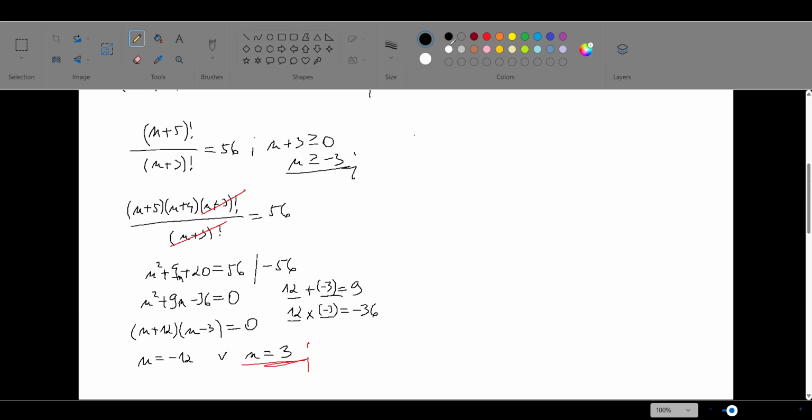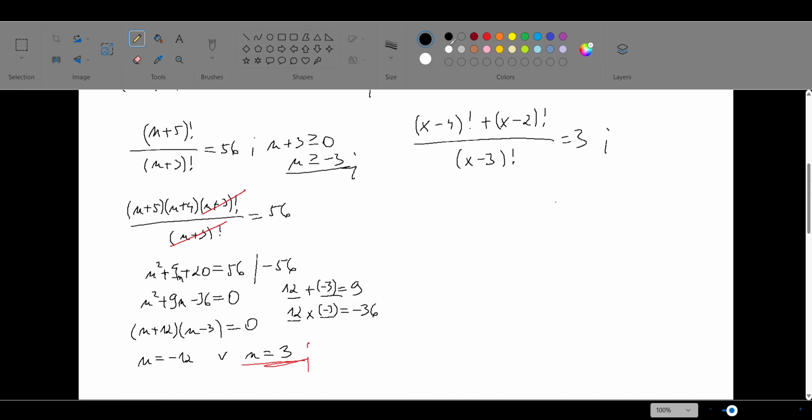So the next equation can be like this: (x take away 4) factorial plus (x minus 2) factorial over (x minus 3) factorial is equal to 3.